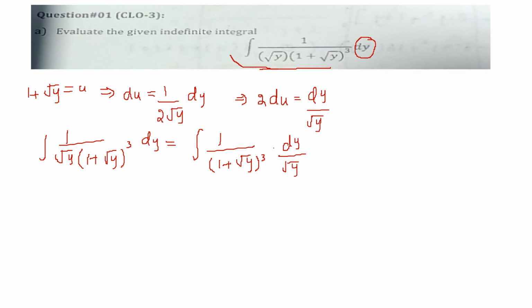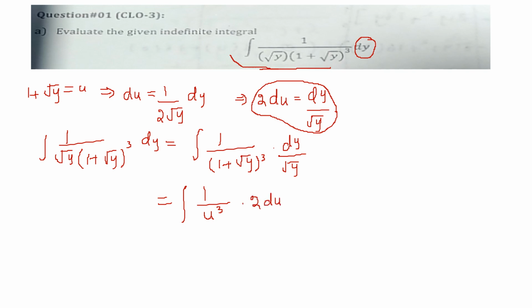If you look at this term, this is exactly equal to 2 du. So let's put all these values into the integration. This gives us 1 over u cube, since we supposed 1 plus square root y equals u, and dy over square root of y is equal to 2 du.